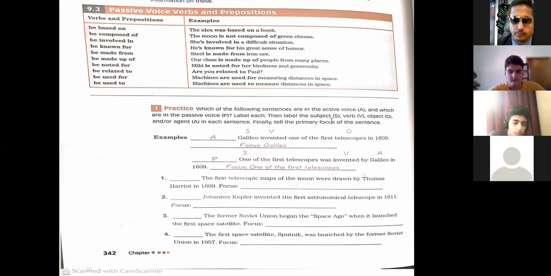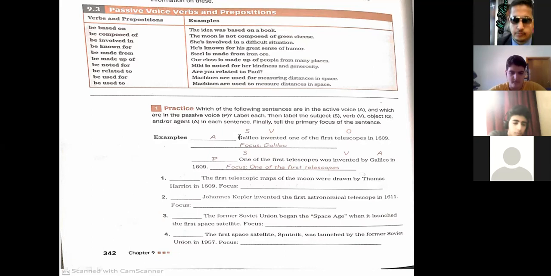Then label the subject S, verb V, object O, and agent A in each sentence. You will find the agent only in the passive voice sentence. Finally, tell the primary focus of the sentence. I mean what the sentence focuses on, the subject here. Examples.